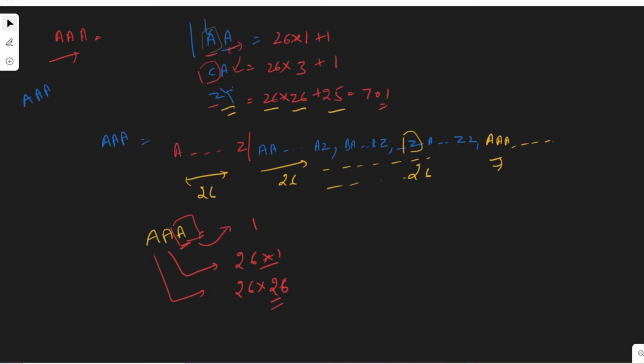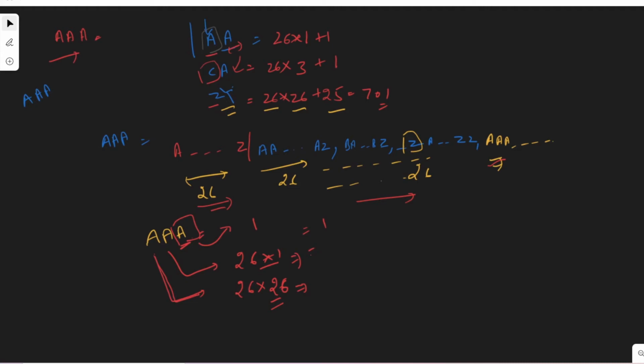But when we see for this one, we know that 26 has passed 26 times. So if you see here, 26 has passed 26 times, so that's why we have multiplied with 26. Here we have multiplied with 1 because the 26 series has been passed once. And this is a single digit series, so we just take the value represented in a single digit.